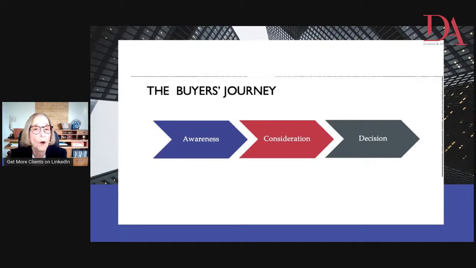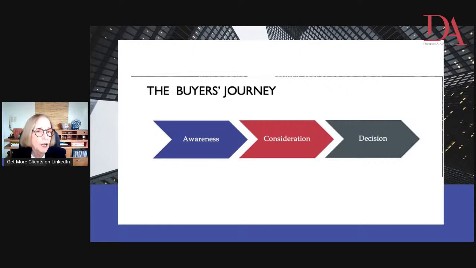And that's great. You are going to be able to find some of those people, but realize that those are the people that most people are concentrating on. You're going to have a ton of competition at that point. But if you follow people throughout the buyer's journey, then you'll become familiar to them. You'll build a relationship with them.